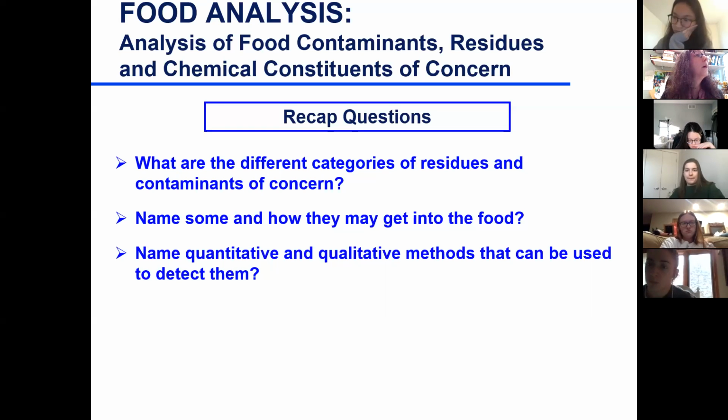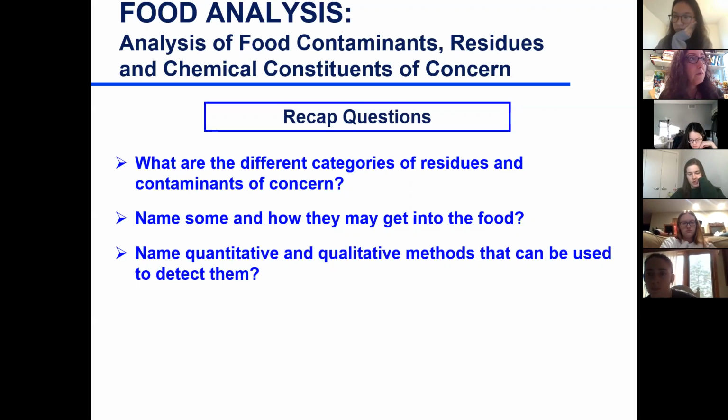Or an improper washing step, adding pesticides at a higher level than recommended. Yes, all of that. And then some of the quantitative and qualitative methods.